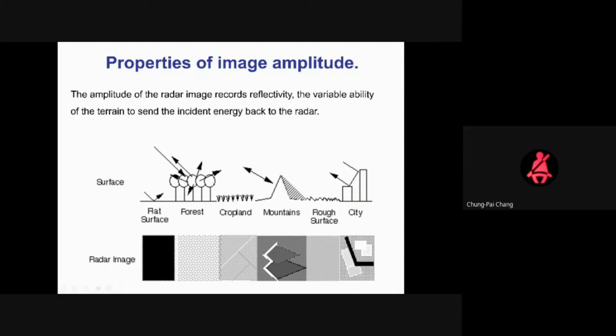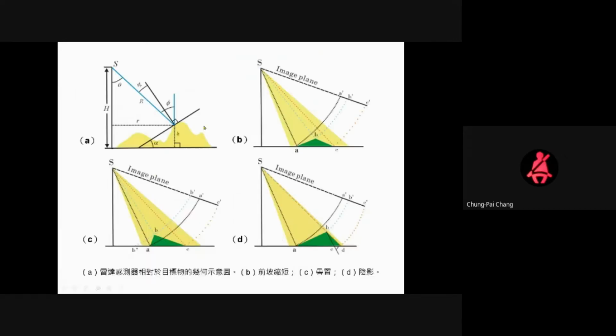So let's come back to the mountain area. You can see the mountain is a symmetric mountain, but in the radar image, the shape of the mountain is asymmetric. The reason is that, as you know already, the image along the range direction uses the return time.